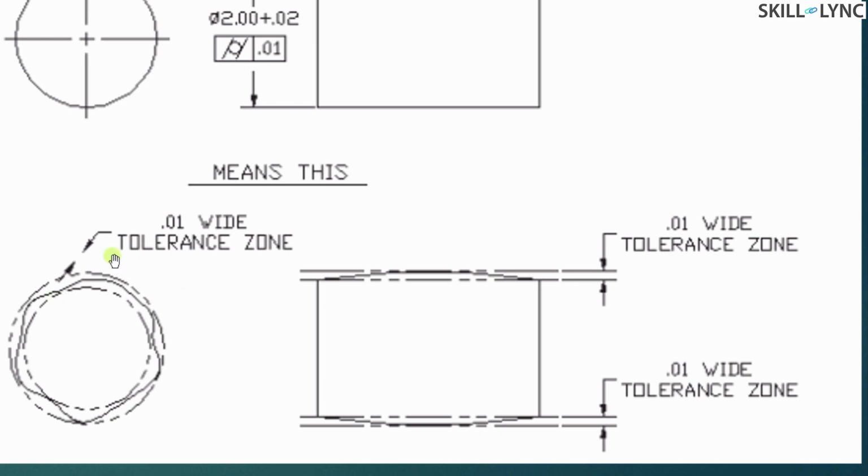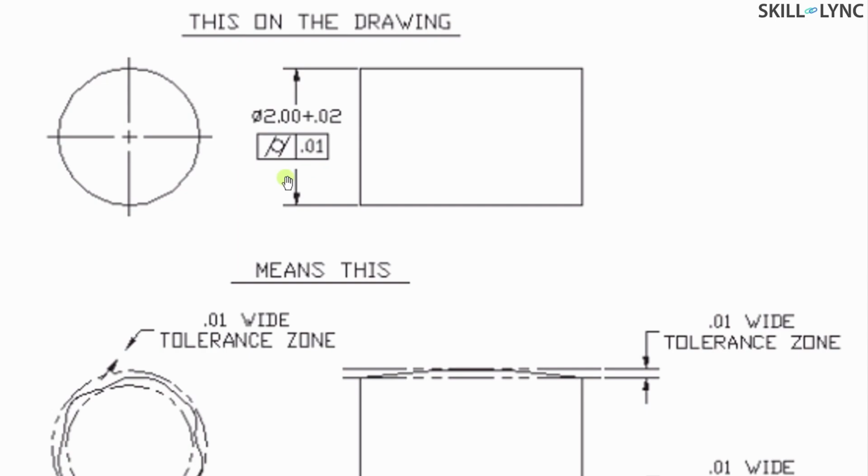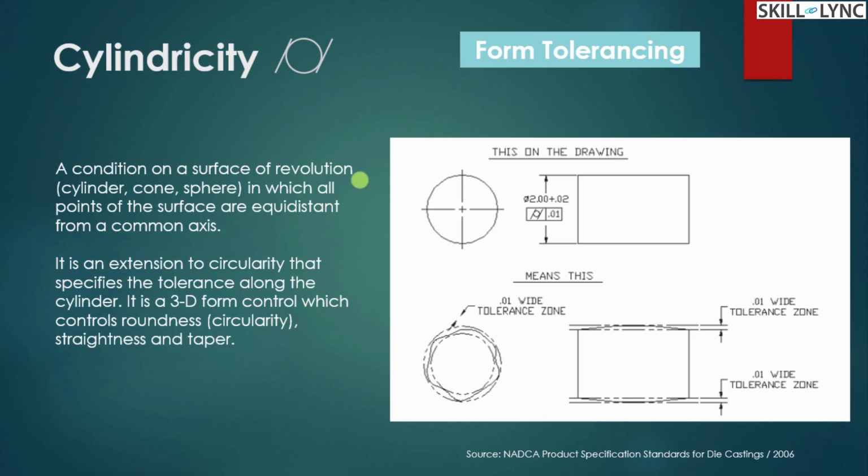So with this, all the three planes are covered, by which the external boundary is limited by the form of a tolerance zone of 0.01. So this is your cylindricity that applies onto here. So these are the four forms of form tolerancing.